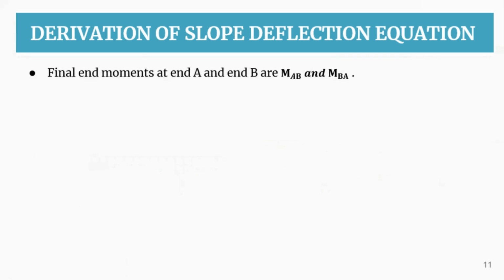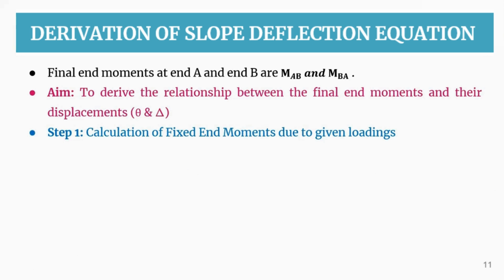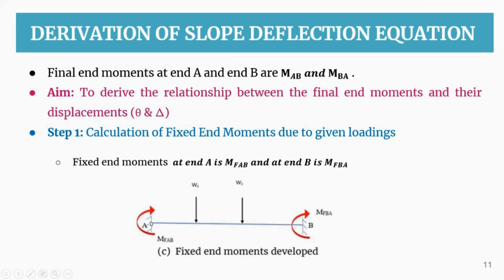Our aim is to derive a relationship between the final end moments and the displacements, that is theta and delta. For this, our step 1 is to calculate the fixed end moments due to the given loading condition. The fixed end moment at end A is MFAB. Here you are going to consider the beam, the same AB beam, which is subjected to an external loading of W1 and W2.